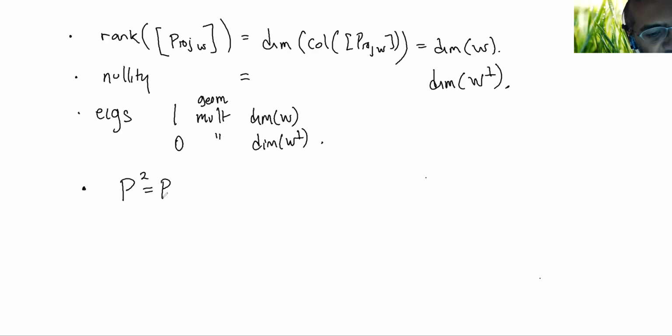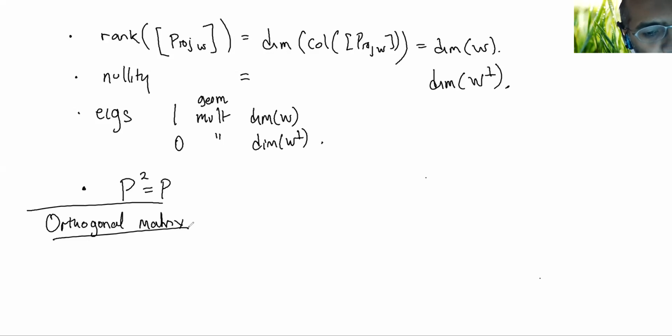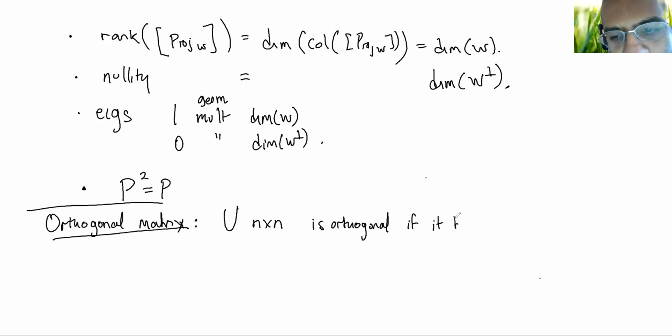Somewhat confusingly, there's another class of matrices that are called orthogonal matrices. Right? And these are not the same thing as orthogonal projections. So a matrix U, a square matrix, is called orthogonal if it has orthonormal columns.